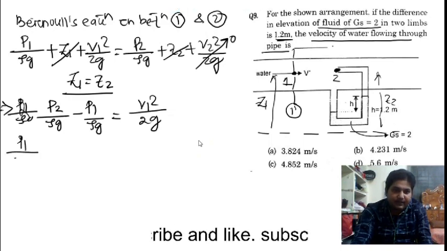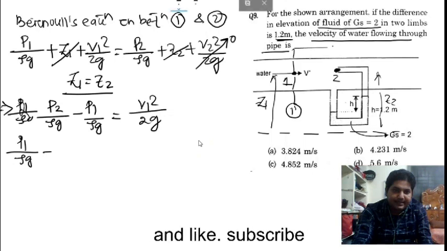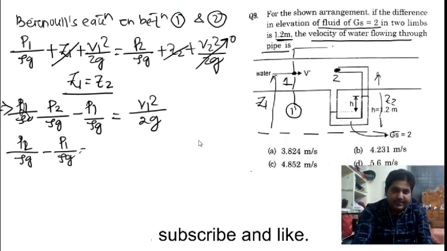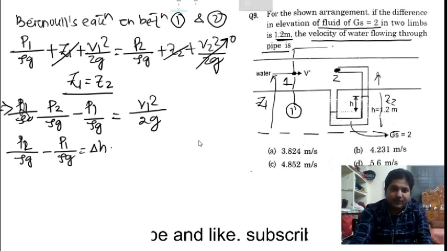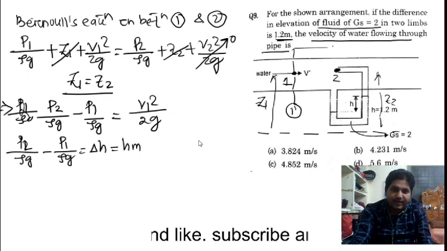This P2 by rho g minus P1 by rho g is nothing but the delta H part. Delta H means what? This is Hm into specific gravity of manometric fluid over specific gravity of fluid minus 1.